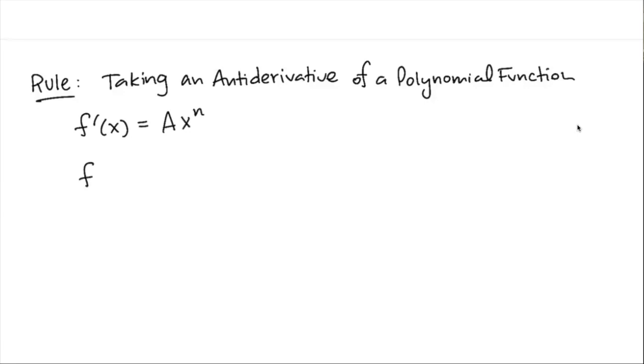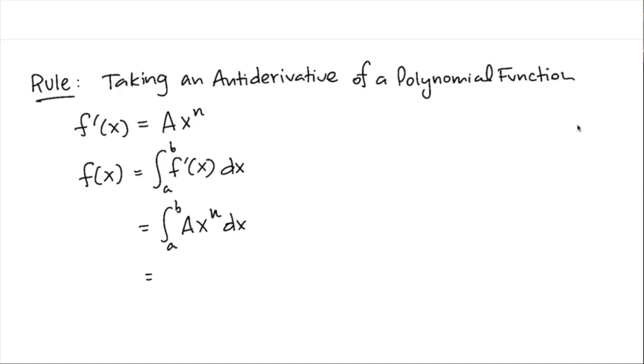Then f of x is the integral of f prime of x from some lower value, let's call it a, to some upper value, let's call it b, with respect to x. So we've got the integral from a to b of ax to the n power dx.